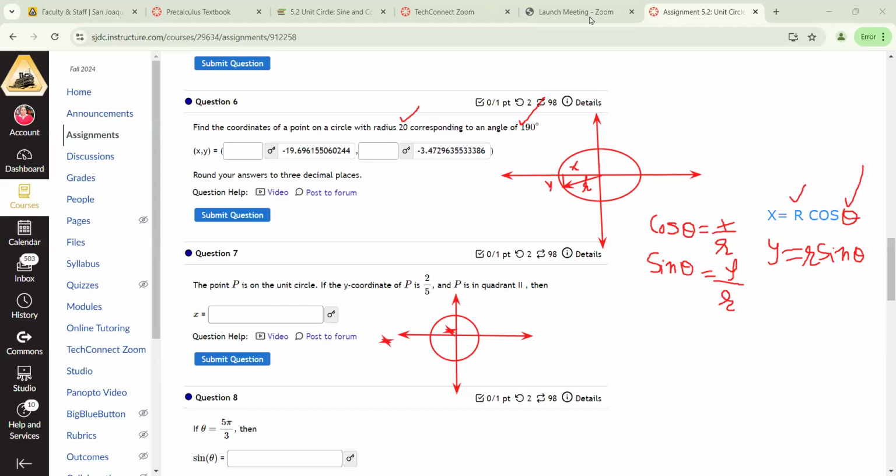So in this quadrant, you have a point P somewhere. So let's mark that P here. That point is P.